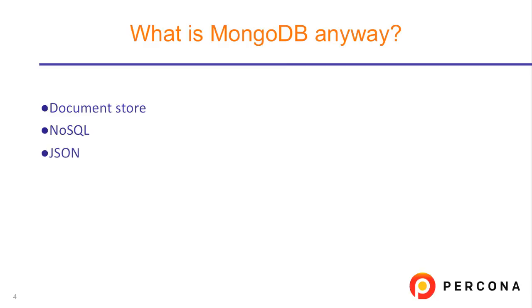JSON, again, is a main concept around MongoDB. MongoDB stores the documents in a JSON format. Actually, it stores the documents in a BSON format, which is binary, which is a little bit different, but for our purposes, it's basically JSON. And JavaScript is built into the Mongo shell.